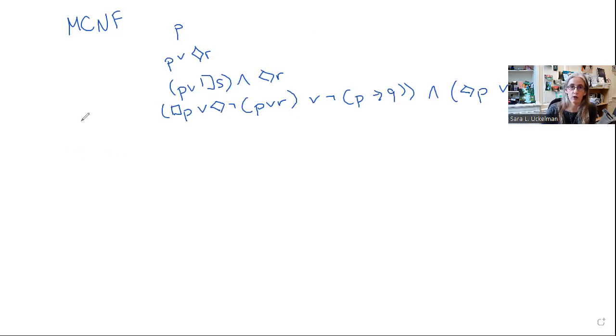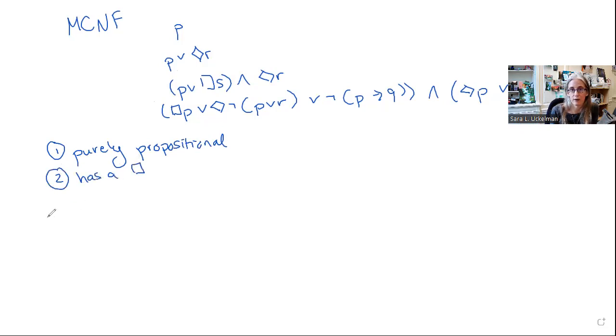So all of these are in modal conjunctive normal form. Ordered modal conjunctive normal form is just going to be one of these with things rearranged. There are three types of disjuncts that each disjunction can have. It can either be something that is purely propositional, so it has no modal operators, or it's something that has exactly one box, or it's something that has exactly one diamond.